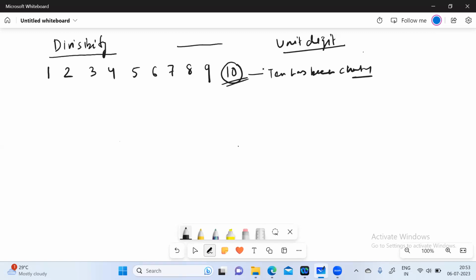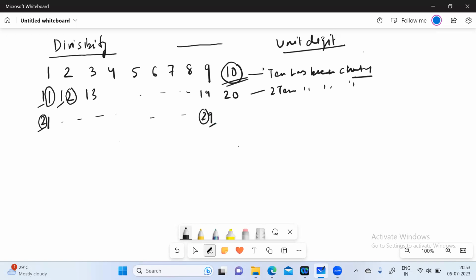Then if you want to count again, you'll write 11, like after 10 you have one extra. Then 12, it says after 10 you have two extra. Then 13, and similarly 19, and then 20, which says 2 tens have been counted. And then 21 is 2 tens and 1, and similarly 29, then you have 30.